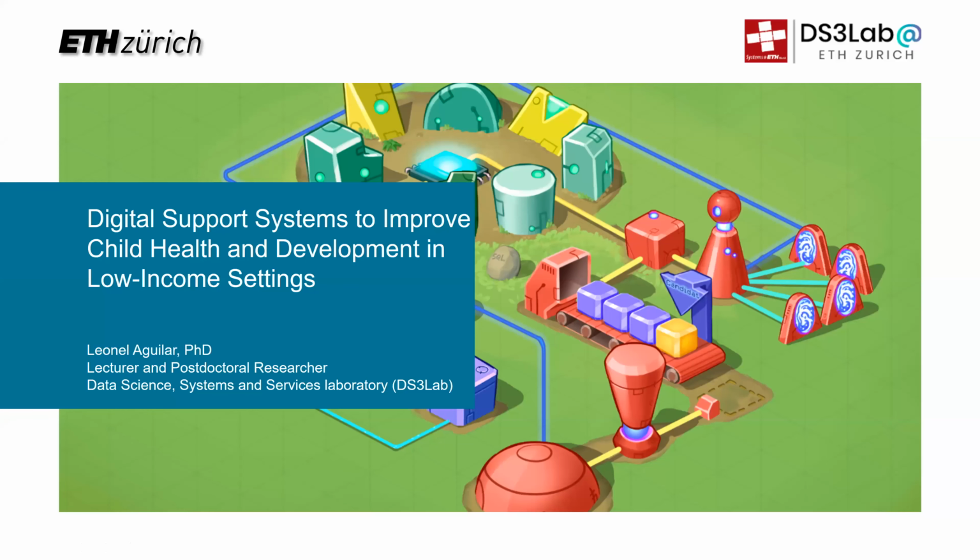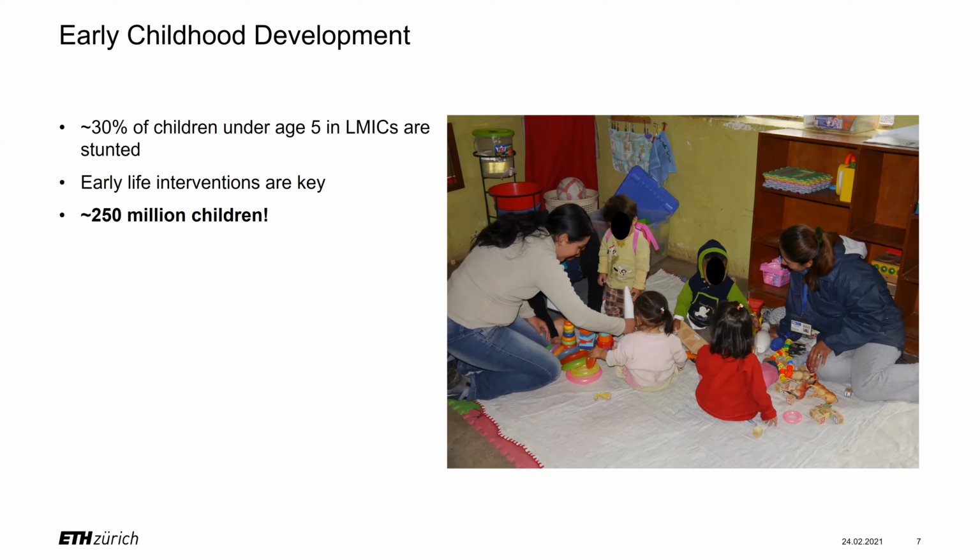It is known that early life interventions are key for general development. And we are talking about 250 million children whose lives we could improve through this kind of interventions.